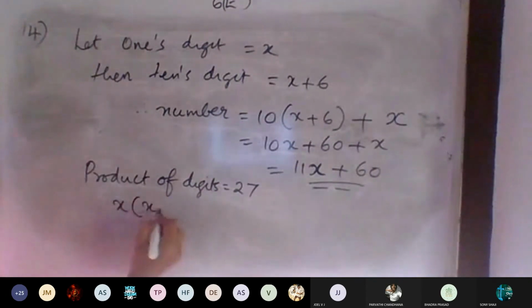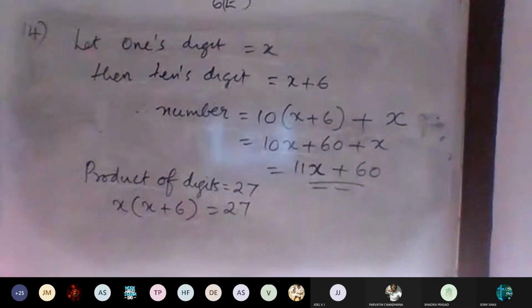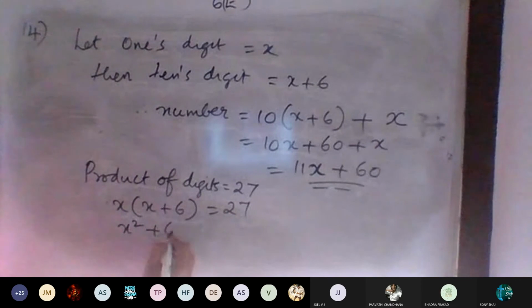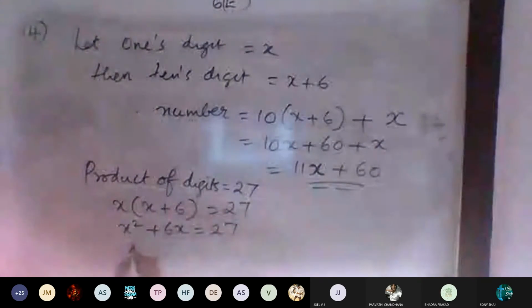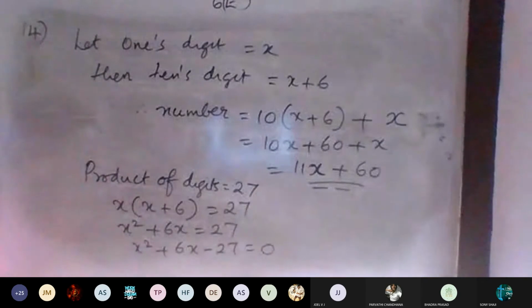So x into x plus 6 is equal to 27. Then x square plus 6x is equal to 27, that is x square plus 6x minus 27 is equal to 0. Find out x. If we get the value of x, we can directly substitute and get the number.